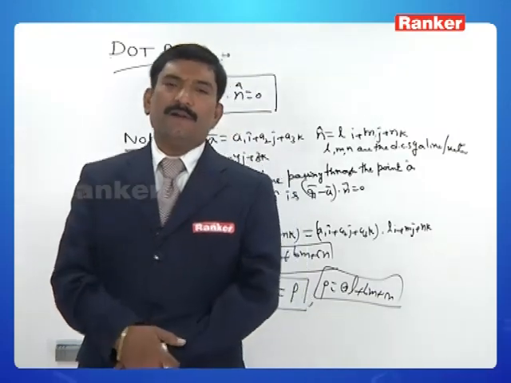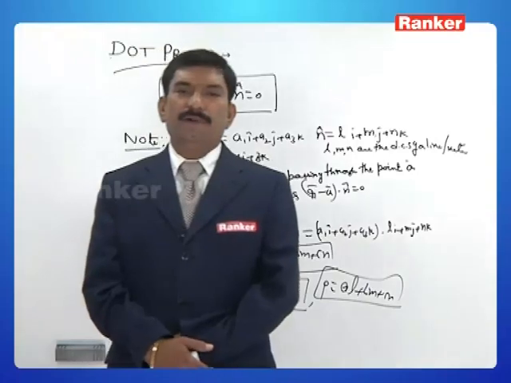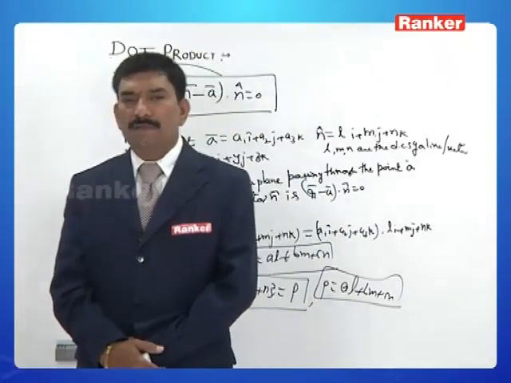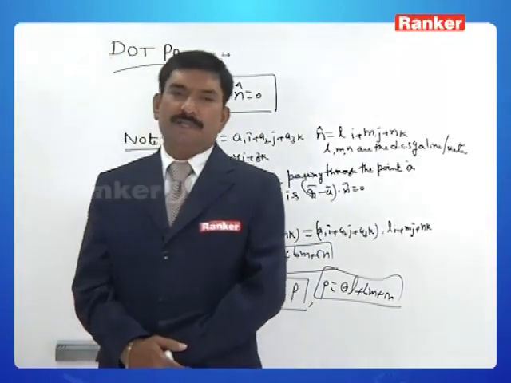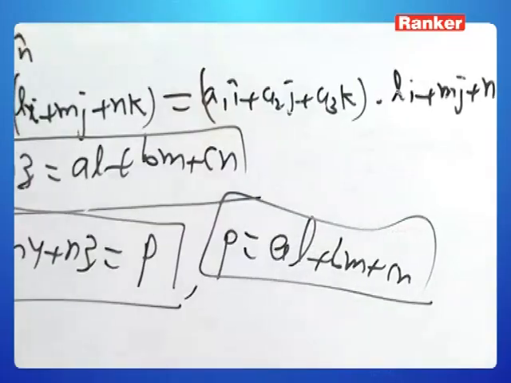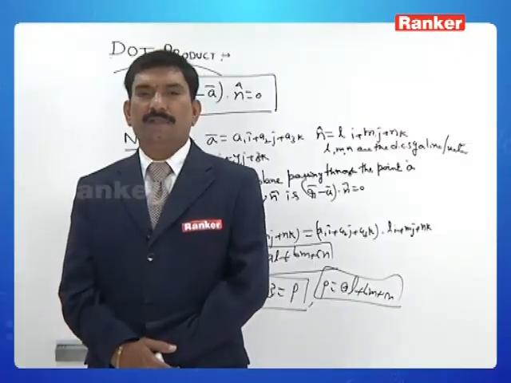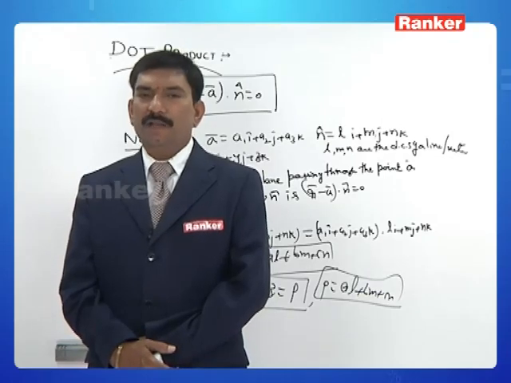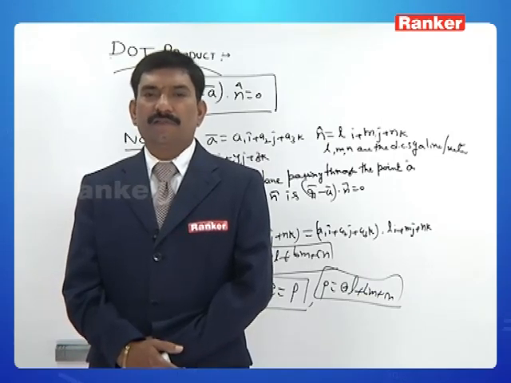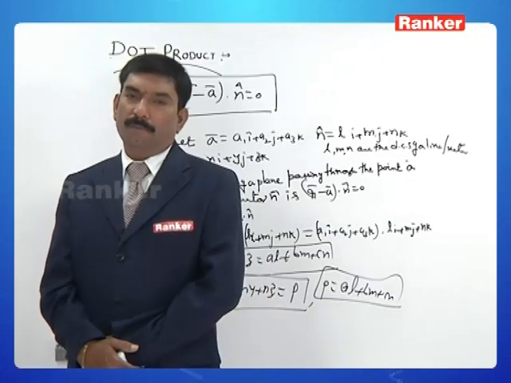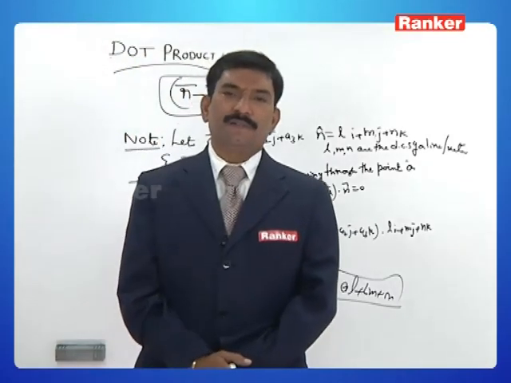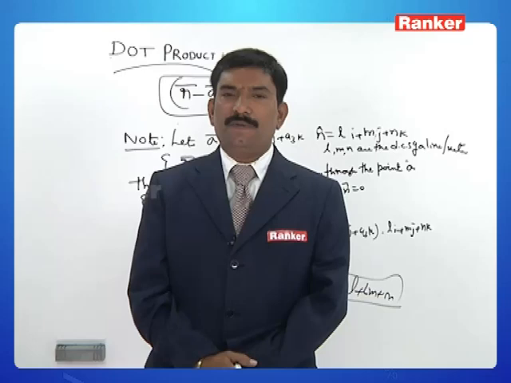Meanwhile, the Cartesian equation of a plane passing through the point A bar equal to A1 i plus A2 j plus A3 k and perpendicular to the unit vector n cap, taken as L i plus M j plus N k, where L, M, N are the DCs of a line or a vector, and r bar is equal to x i plus y j plus z k.